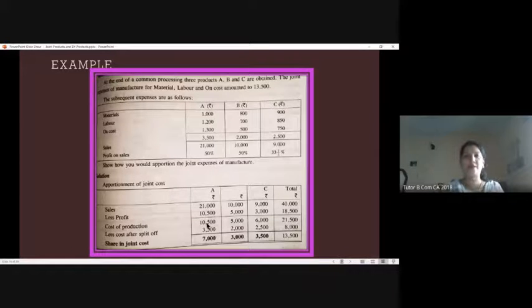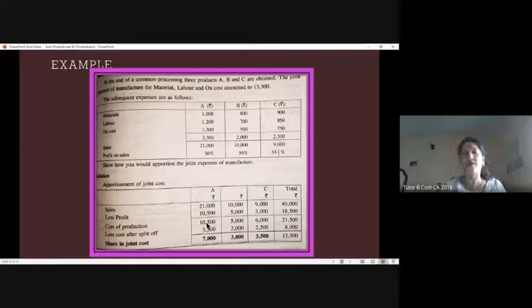And the last method is called the reverse method because the methodology used for computing the joint product cost apportionment is the reverse of what we had been following in preparation of a cost sheet. Here we start with the sales value, we reduce the profit, and we arrive at the cost of production.